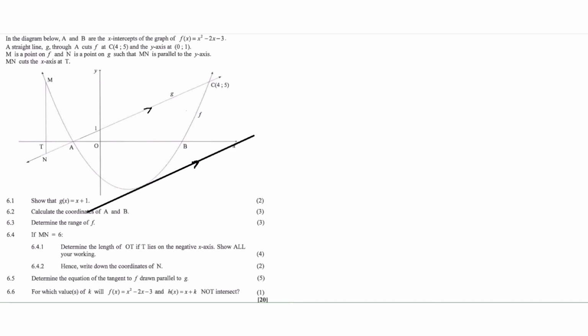And we know that the equation of g of x, which we worked out in 6.1, is x plus 1, which tells us that the gradient of g is 1, which means the gradient of this tangent here is going to be 1.